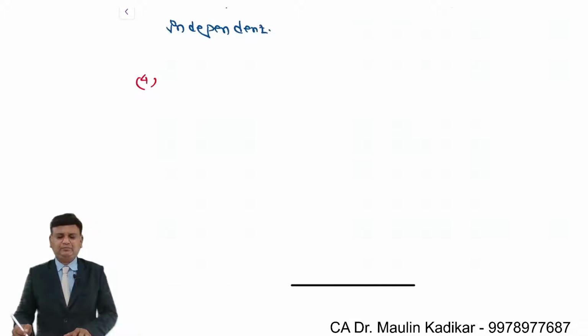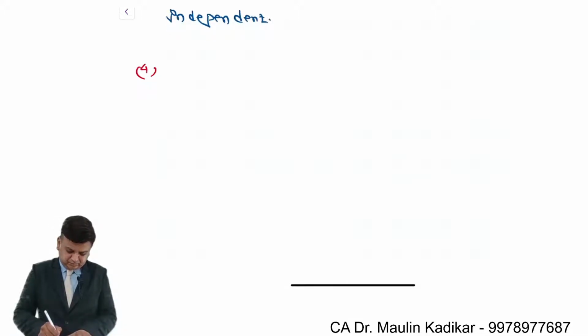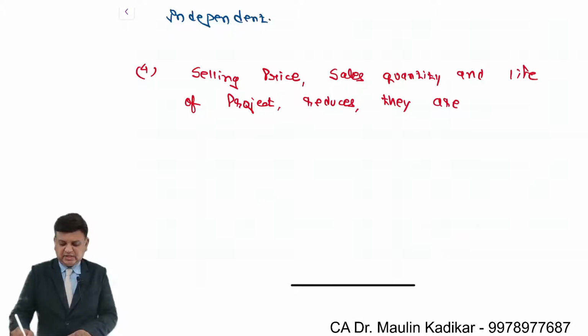Fourth, selling price, comma, sales quantity and life of project reduces, comma, they are unfavorable.